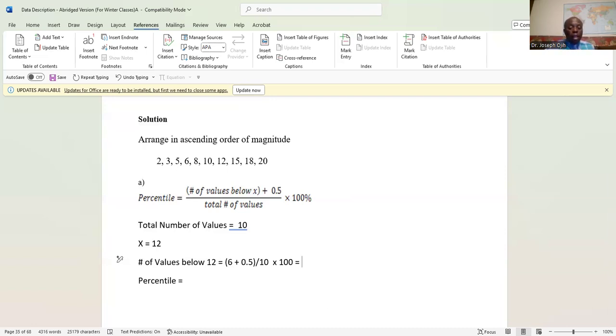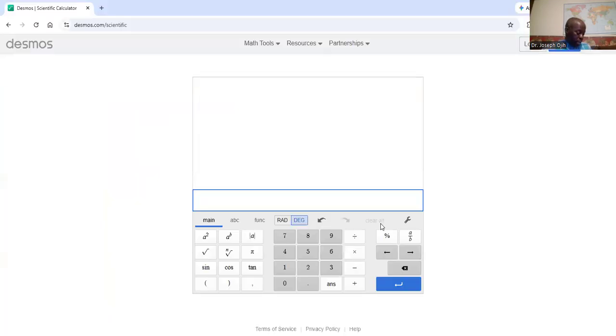We have 6 plus 0.5, divided by 10, times 100. 65.